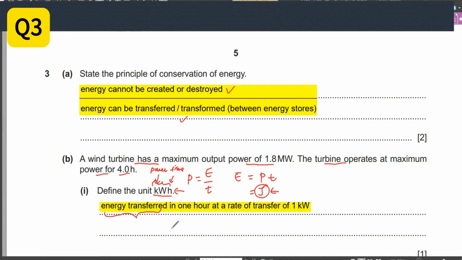We are talking about energy transferred in 1 hour at a rate of transfer of 1 kilowatt. So we have 1 kilowatt multiplied by 1 hour, that will give us 1 kilowatt hour.